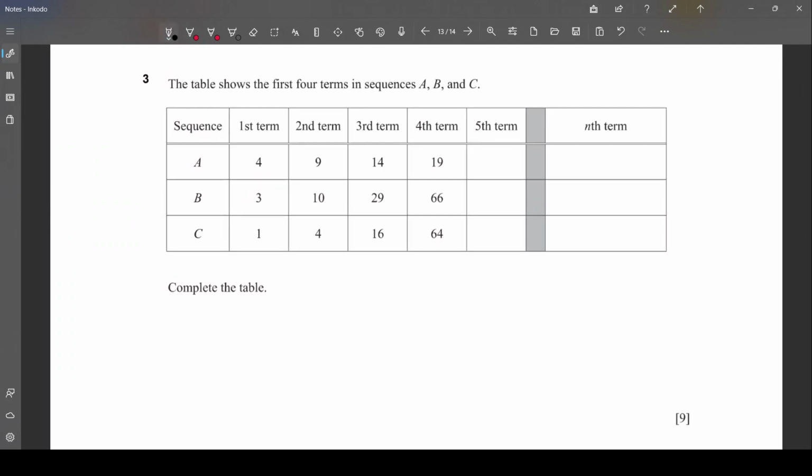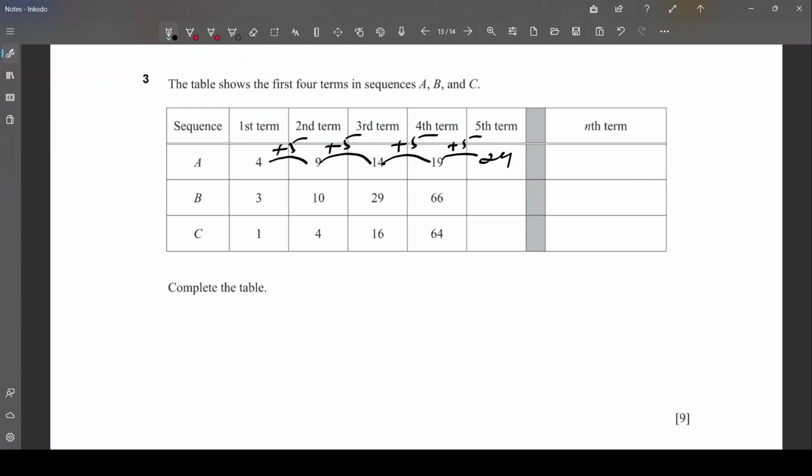See, wherever we have 4, 9, this is not a square sequence because I have 14 over here. So what can the sequence be? Let's find out by subtracting. It can even be an arithmetic sequence. 4 plus 5 is 9, 9 plus 5 is 14, 14 plus 5 is 19, and 19 plus 5 is 24.